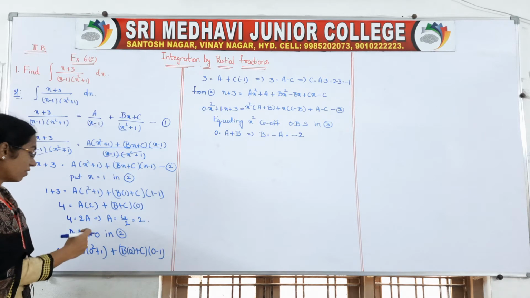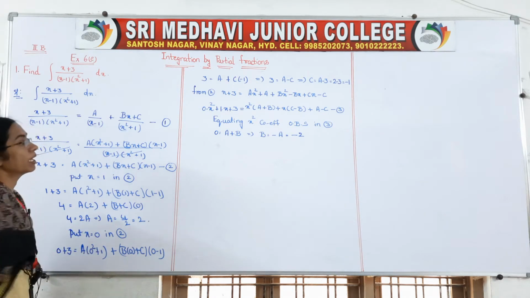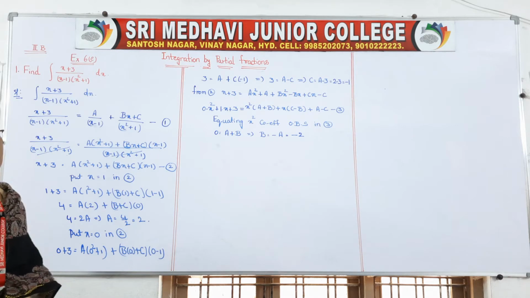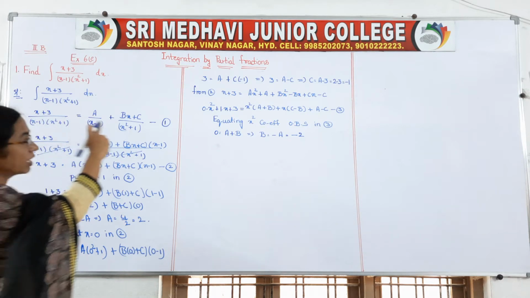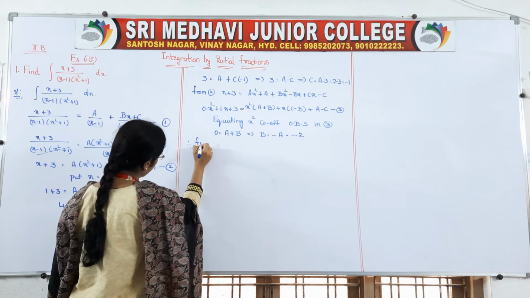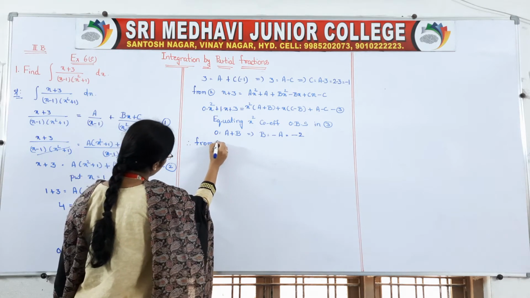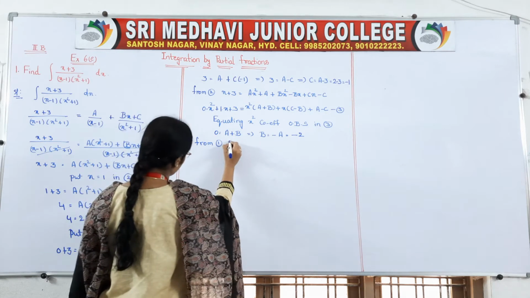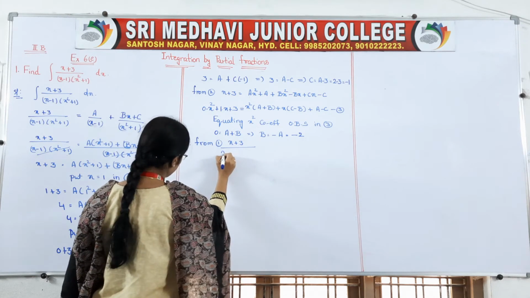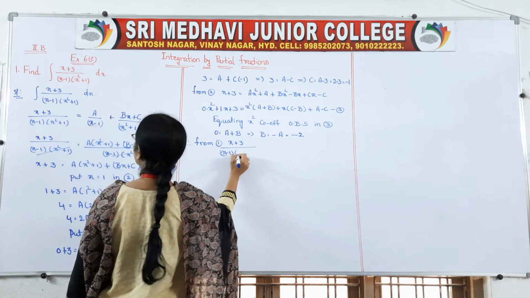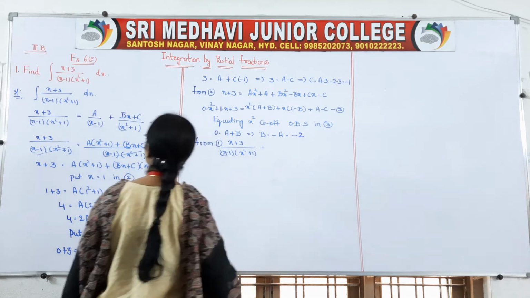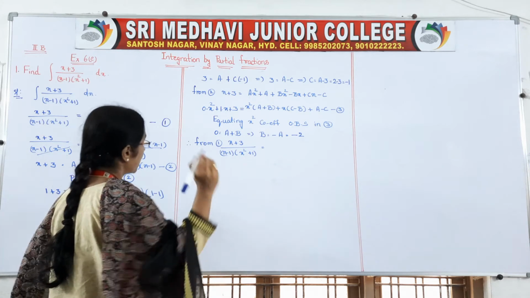We got all the values. We got the a value, next the c value, next the b value. Okay, so now you write your first equation. So, therefore, from the first equation, x plus 3 by x minus 1 into x square plus 1 is equal to a by x minus 1.